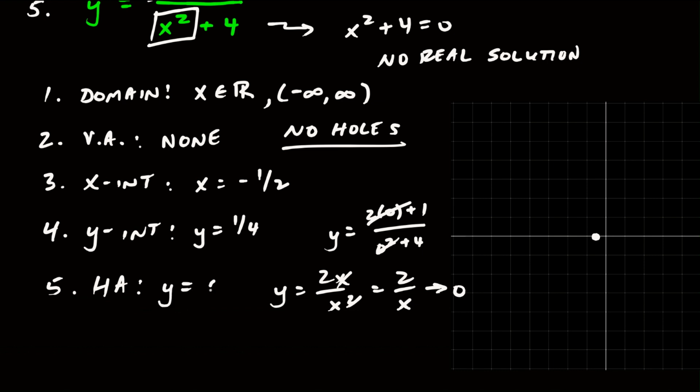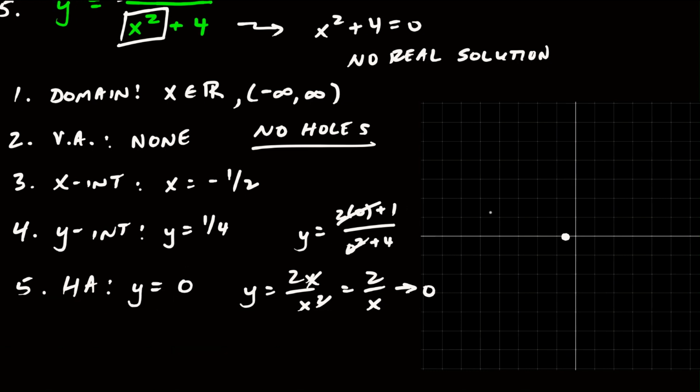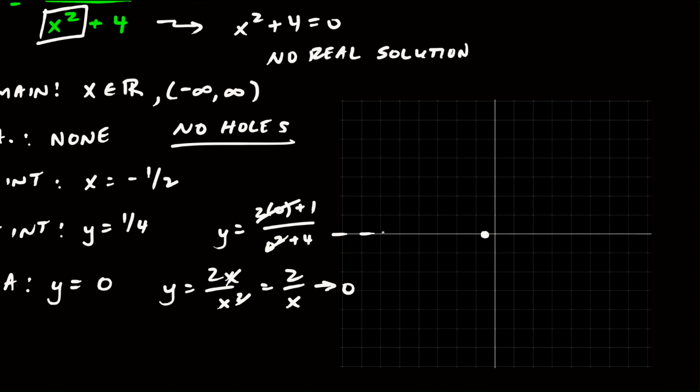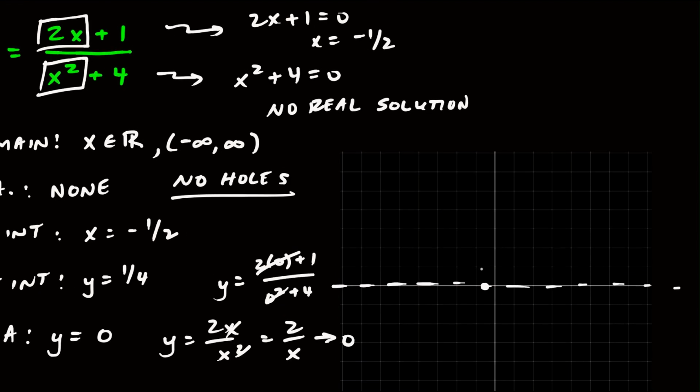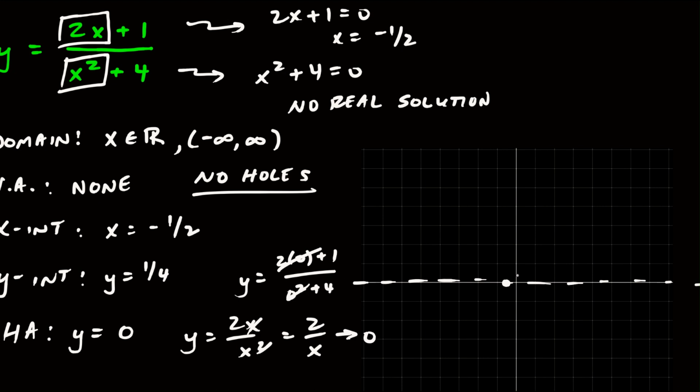So it's approaching y equals 0. That's the idea of limits. So let's go ahead and put this horizontal asymptote in. And it's okay that there's an x-intercept on the horizontal asymptote. So it's actually good that that happened for this problem. And then the y-intercept is 1/4, which is right here.